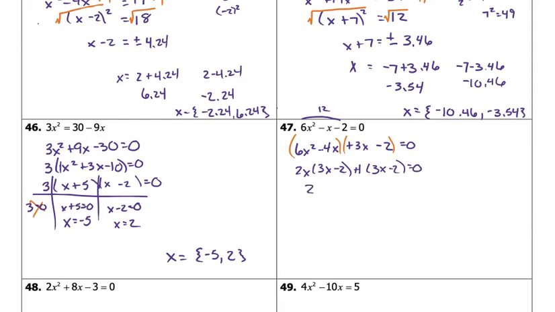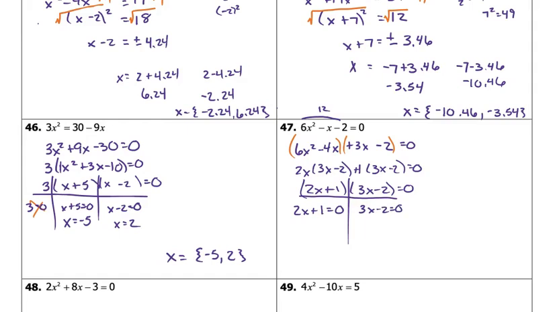We'll rewrite. I have 2x plus 1, and I have 3x minus 2. We're going to tee that up. Remember, we're looking for solutions. We're not just multiplying. We're actually looking to get a solution here. So 2x plus 1 equals 0, and 3x minus 2 equals 0.